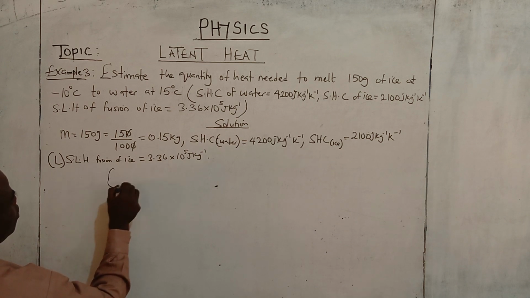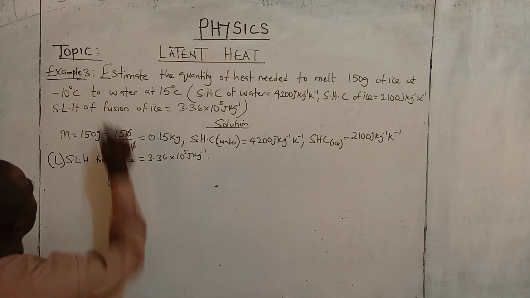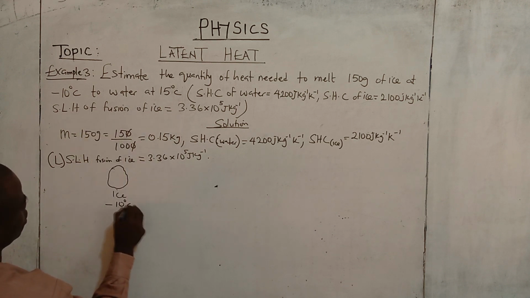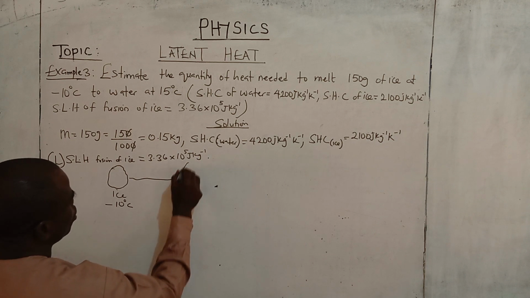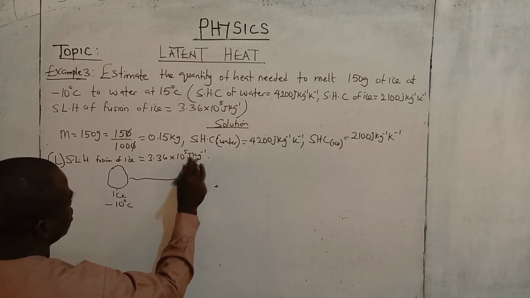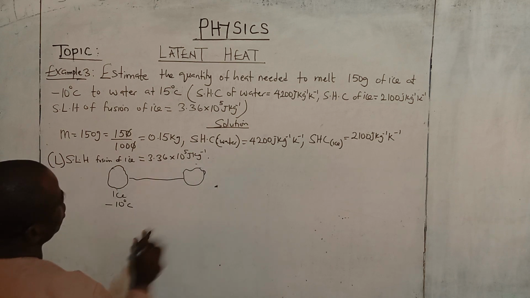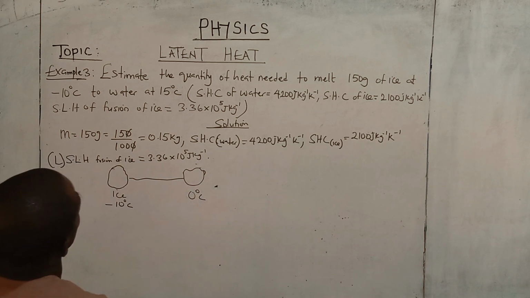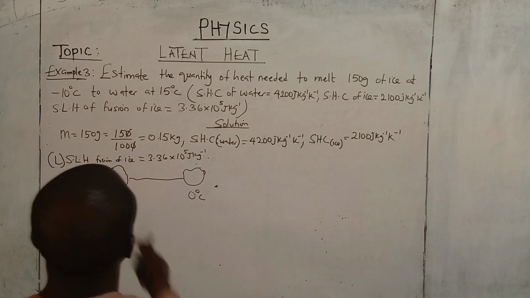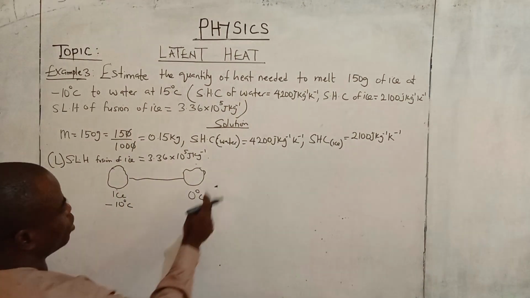We have our ice, very chilled, at minus 10 degrees centigrade. It now moves to the same ice, reduced, still at 0 degrees centigrade. We are moving from minus 10 to 15, so minus 10 must come to 0 first.